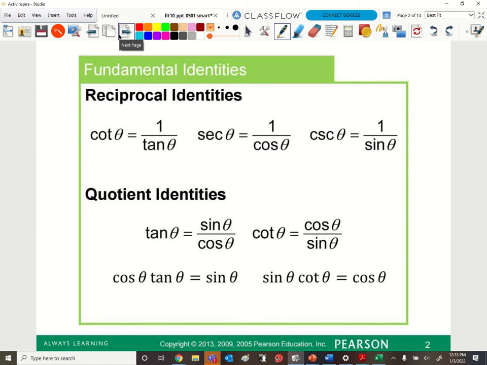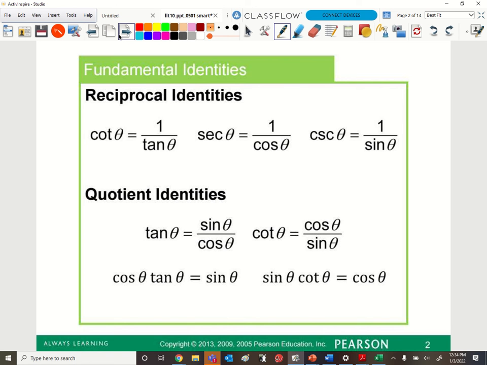Now, we've already done all these, right? You don't remember? Okay. You know that cotangent is the reciprocal of tangent, right? That's what that means. You know that secant is the reciprocal of cosine, and cosecant is the reciprocal of sine, right? Okay, good. Quotient identities means tangent is sine over cosine, which is also just y over x, right?